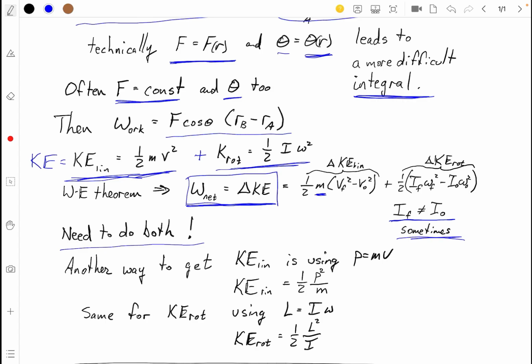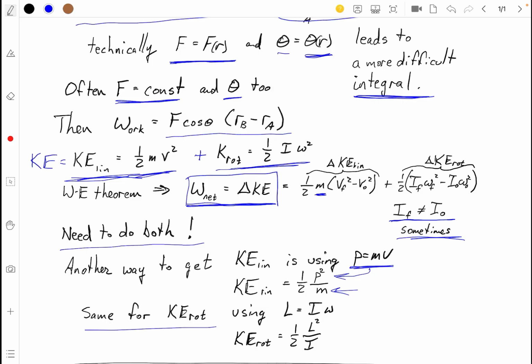Another way to get linear kinetic energy is to use the fact that mv is equal to your momentum. So then you can substitute in your momentum squared and then divide by m to get rid of the extra m that you have. So that works.